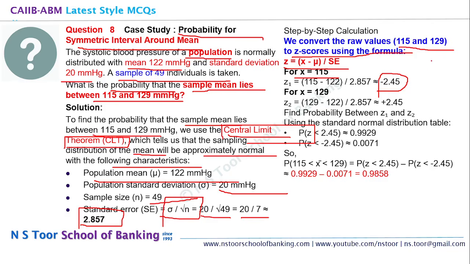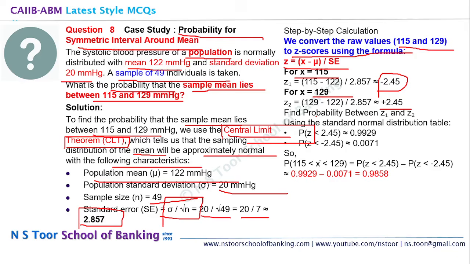Now we will go for the upper level, x equal to 129. So Z2 is equal to 129 minus 122 divided by 2.857. The rest of the things remain the same, only the value of x changes. So this will be plus 2.45.